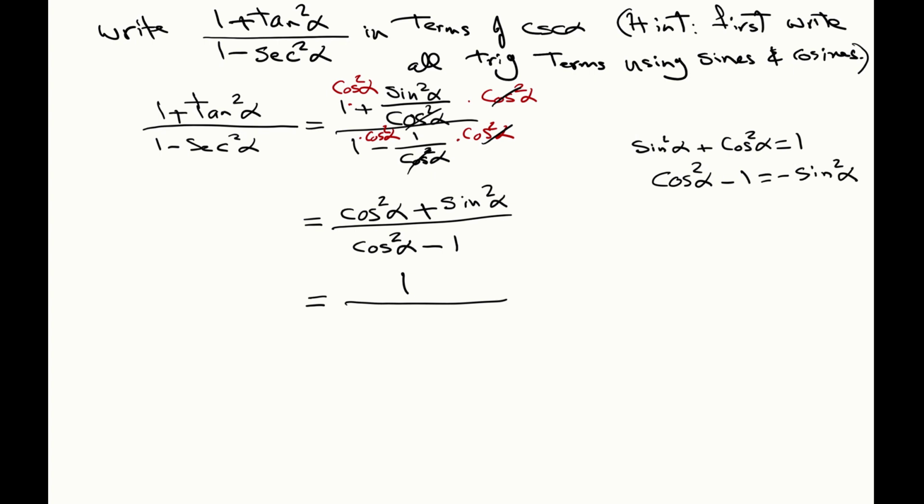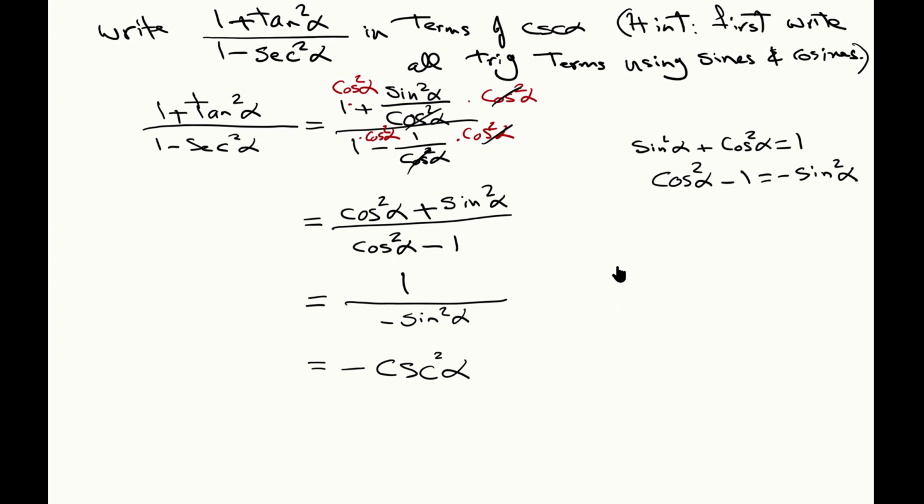So we're going to go ahead and replace cosine squared alpha minus 1 with negative sine squared alpha. And of course we know that 1 over sine alpha is cosecant alpha, so this is just negative cosecant squared alpha. And we have completed the task that was required of us, which was to write this expression in terms of cosecant alone. So, and we've accomplished that.